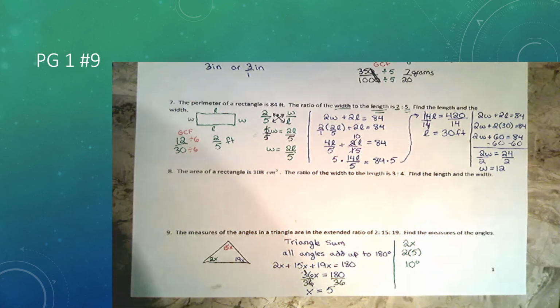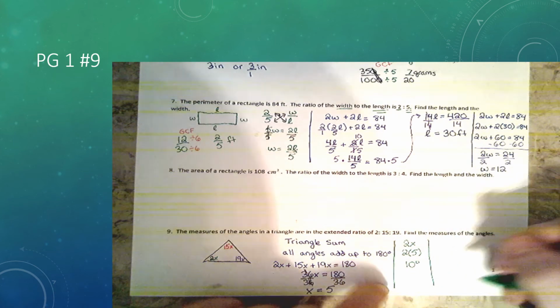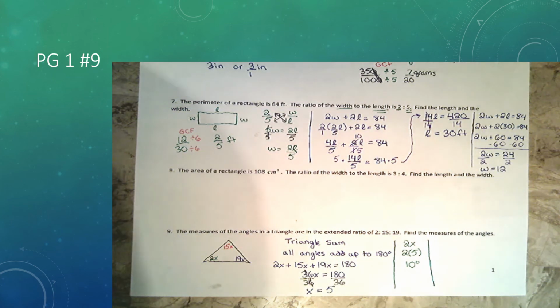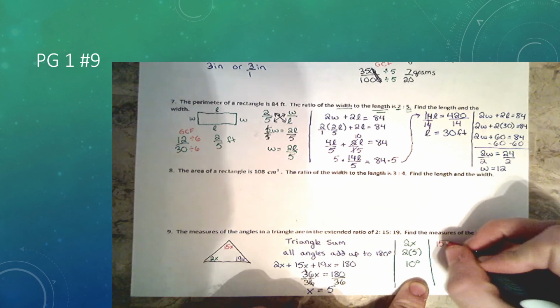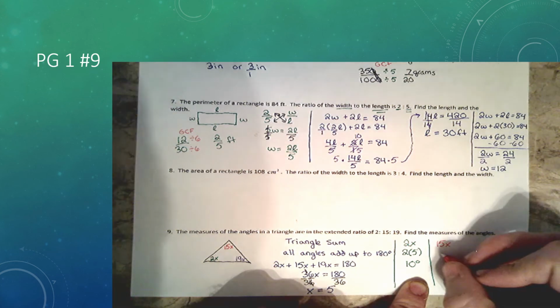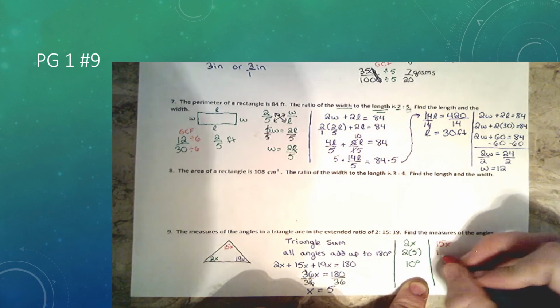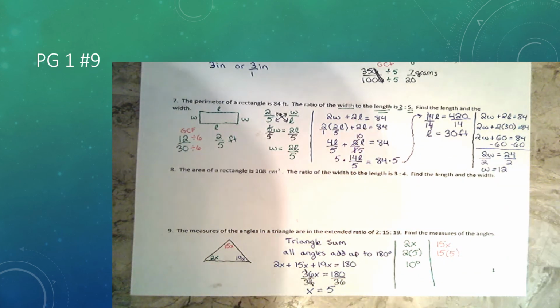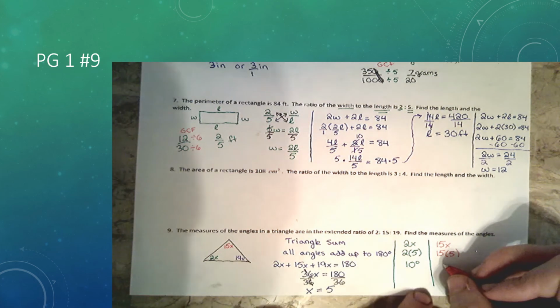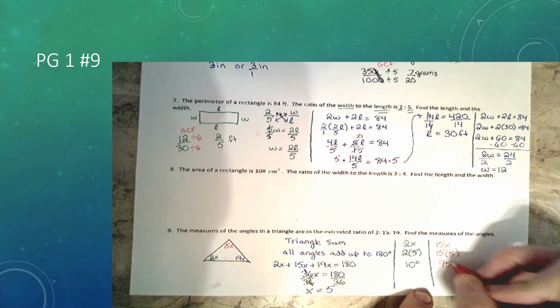And we're talking about an angle, so it's 10 degrees. The next one that we want to look at is the one that had 15x. But instead of x, we now have 5. So 15 times 5. And that will equal 75 degrees.